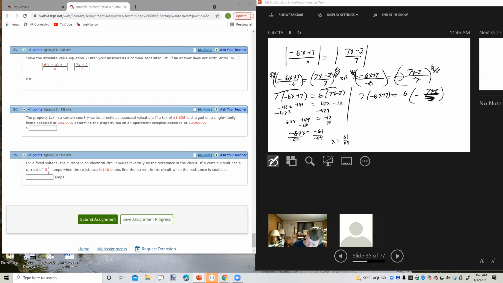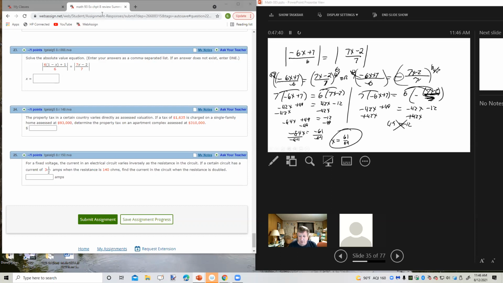So it's negative times that. So I've got negative 42x plus 49. And over here, I've got negative 42x minus 12. If I add 42x to both sides, I get 49 equals negative 12, which doesn't work. So I've only got one solution.